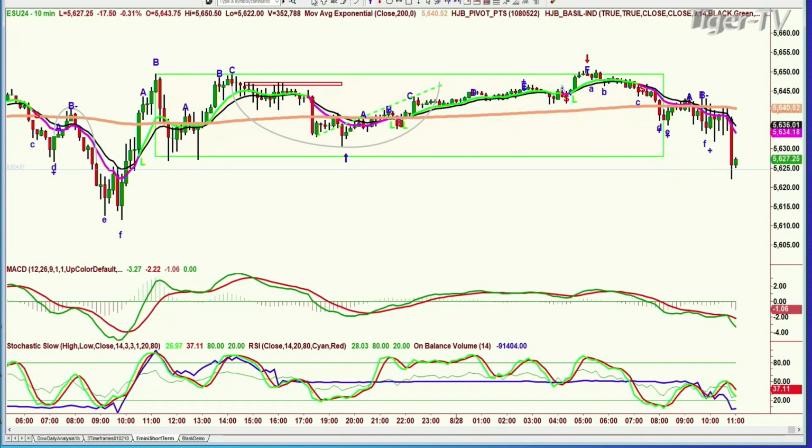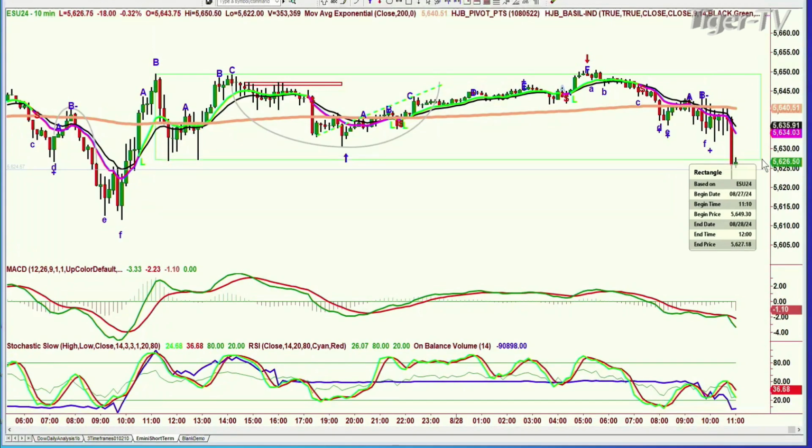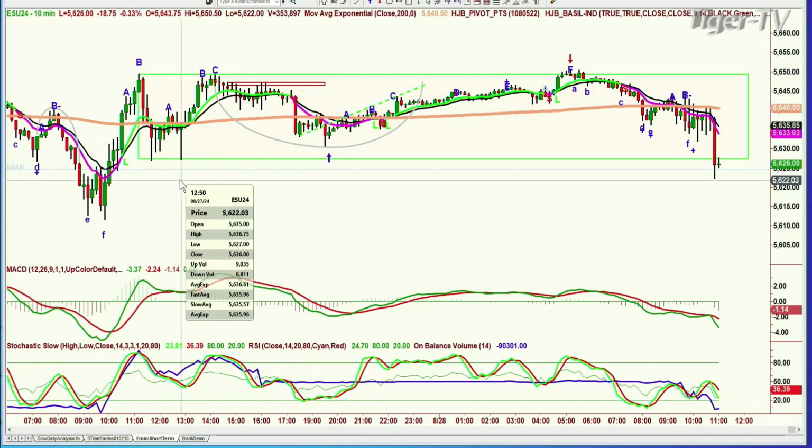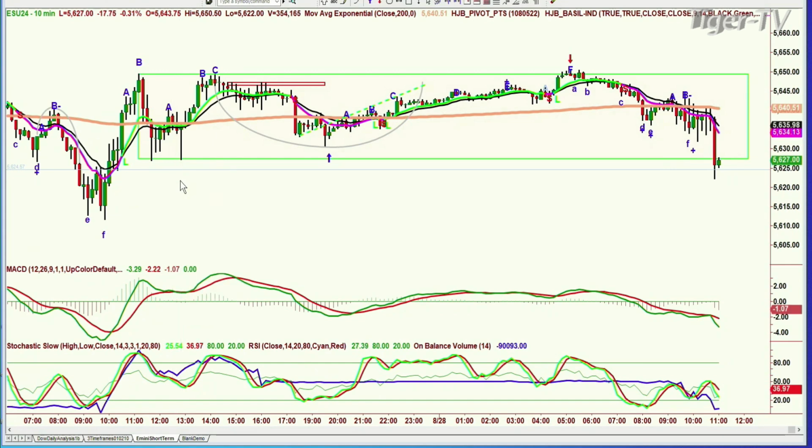This is like a rectangle formation. It's just a larger one, not very large, but a larger one. And it should attempt at least to get back into this range that was formulated from those lows that were made at 11 o'clock in the evening, and then just after midnight, 1 o'clock in the morning. That was on the 27th of August. All right, so I'll be back in a moment.